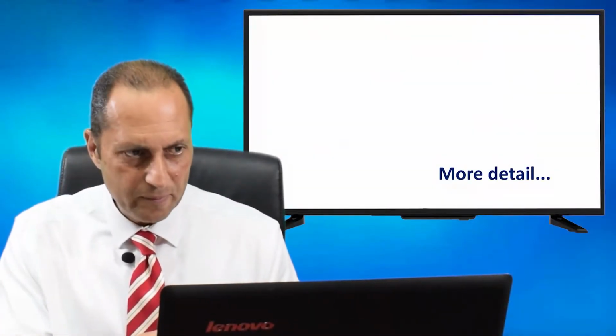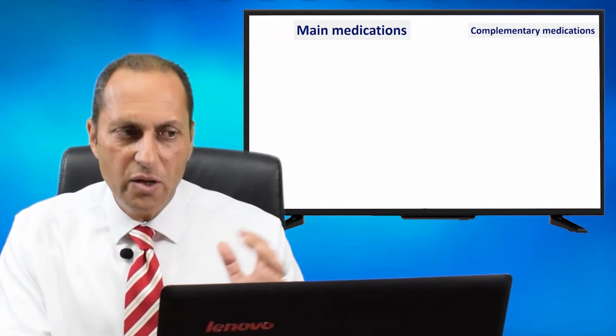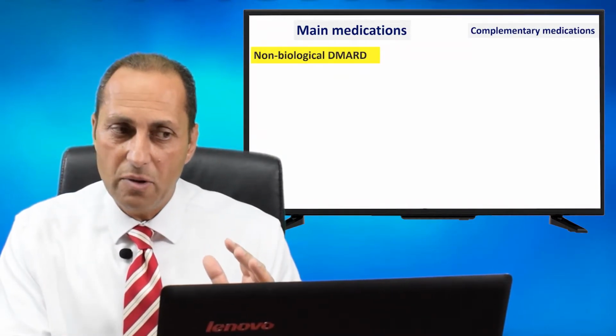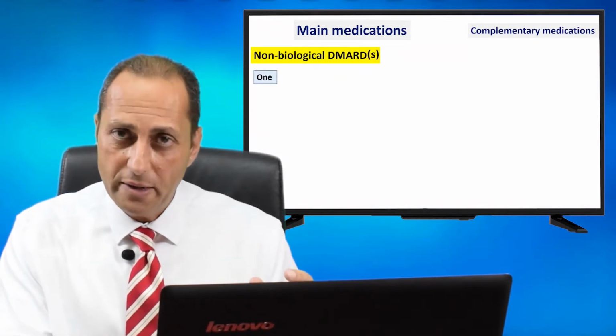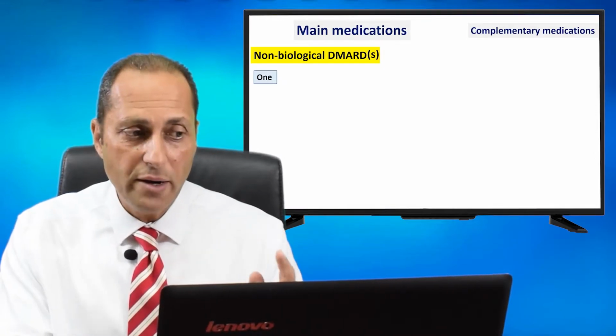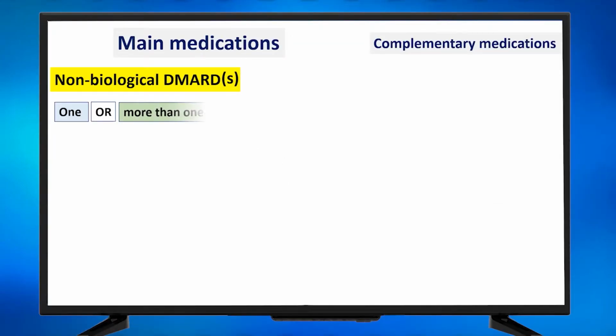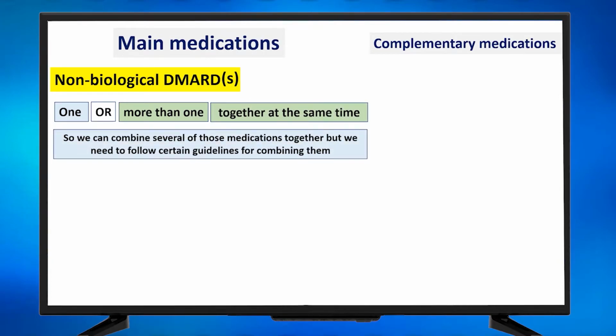More detail. The main medications. How we prescribe the non-biological DMARDs. We prescribe the non-biological DMARDs, one or more than one together at the same time, which means that we combine. So we can combine several of those medications together, but we need to follow certain guidelines for combining them.